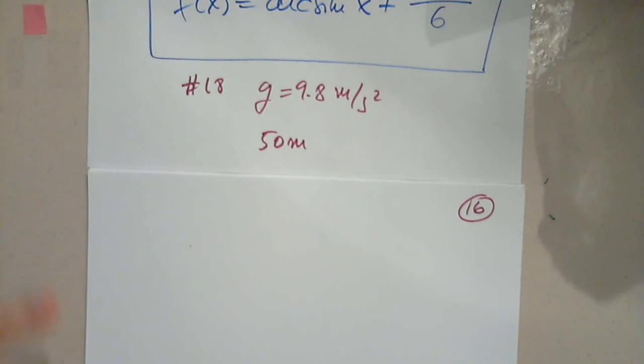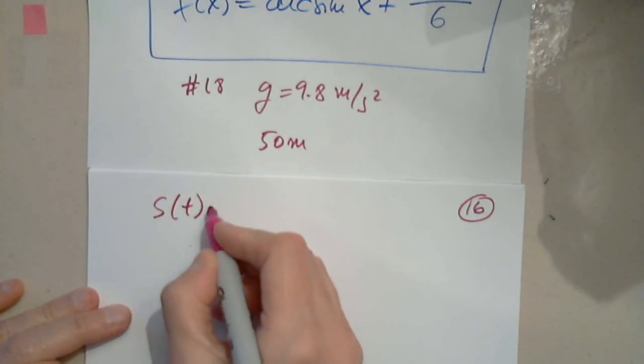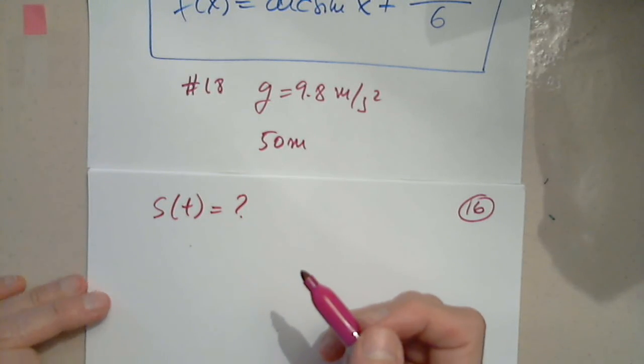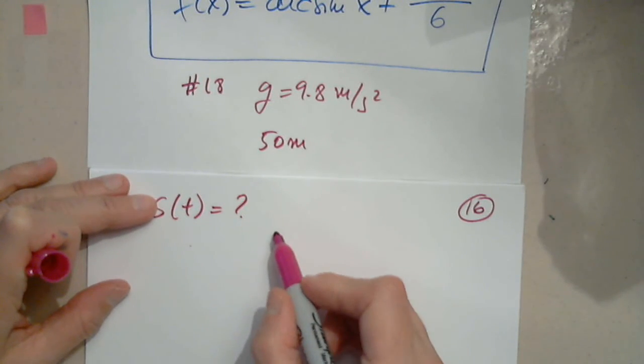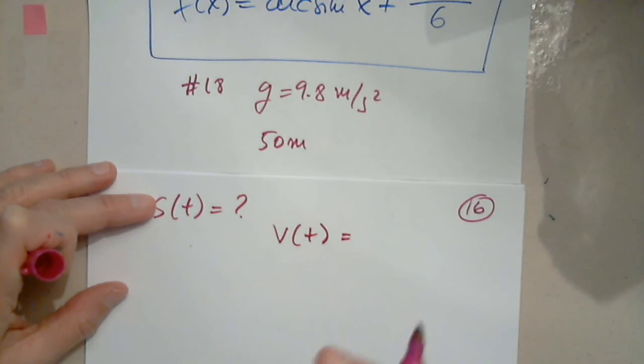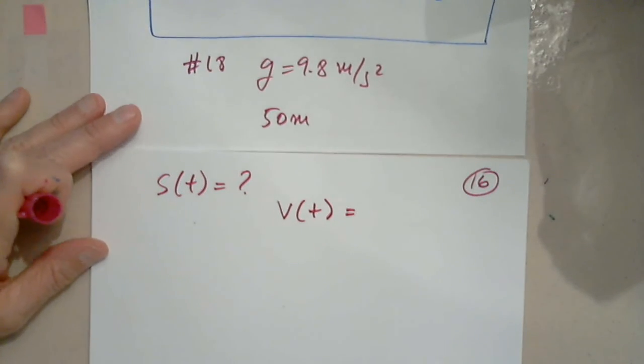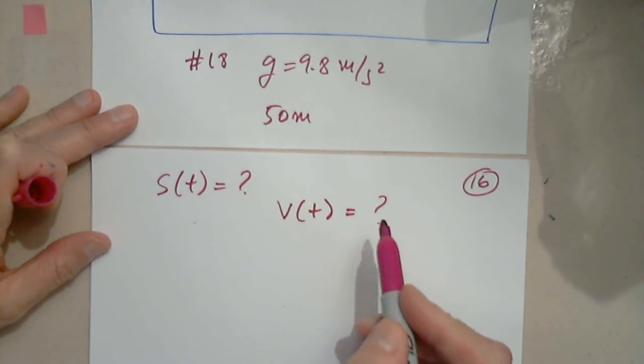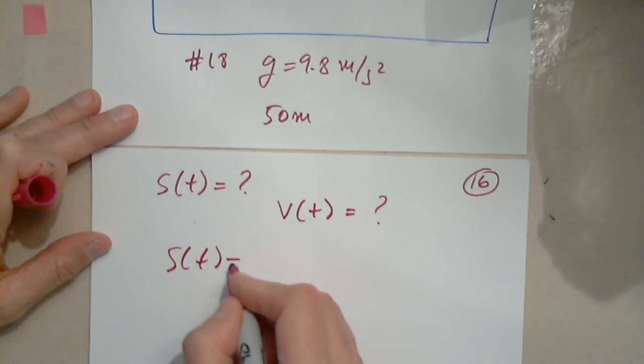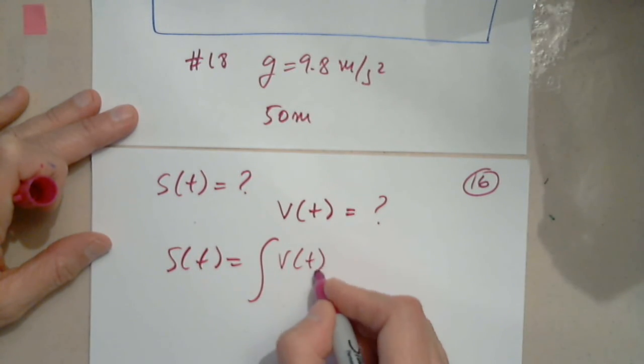In order to determine the distance, which is s of t, we have to come up with a velocity. Once we have the velocity, s of t will be very easy to determine.